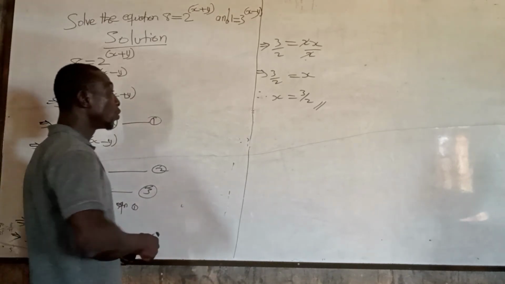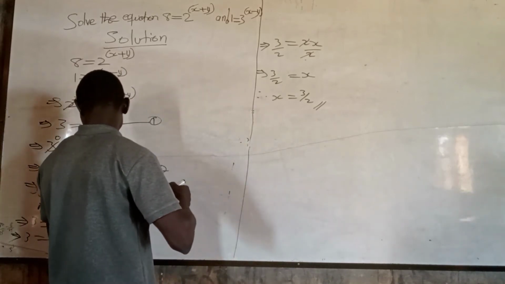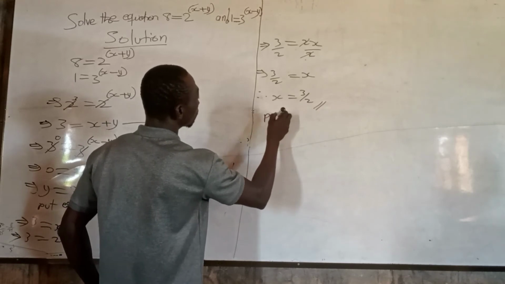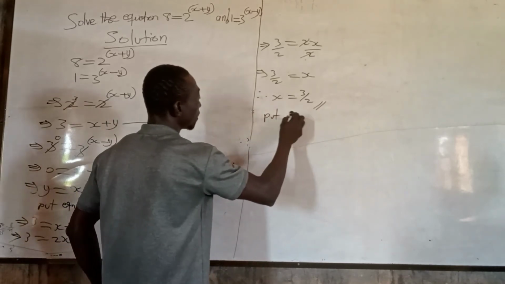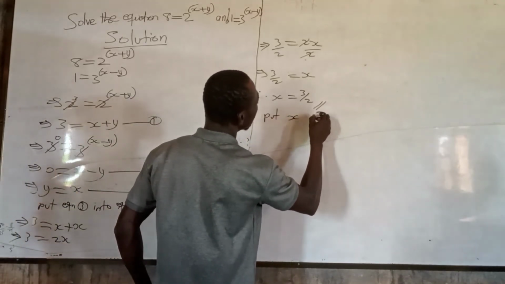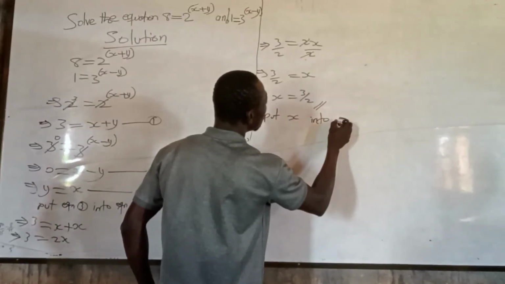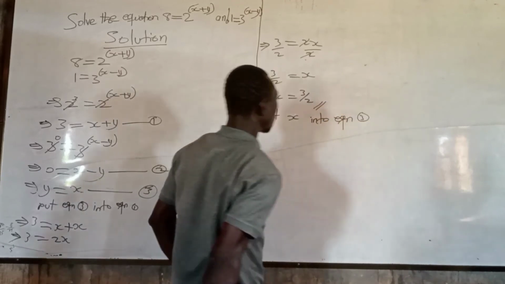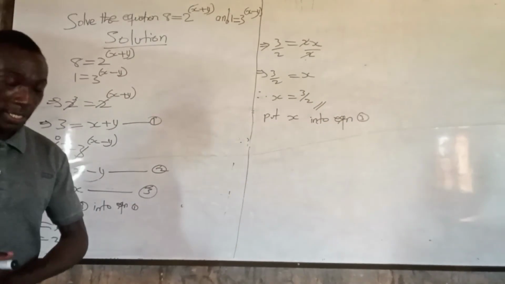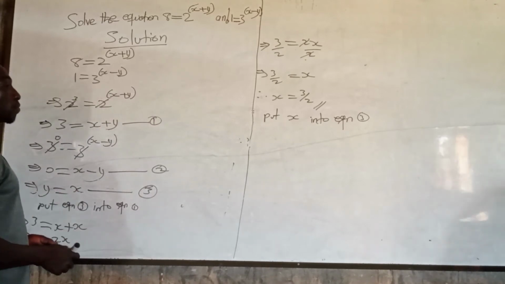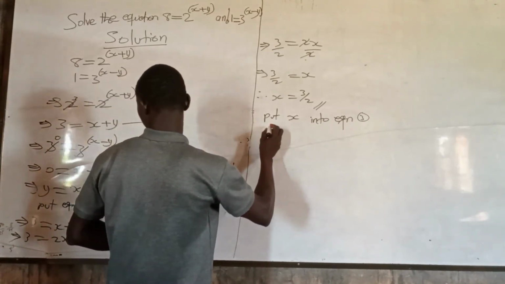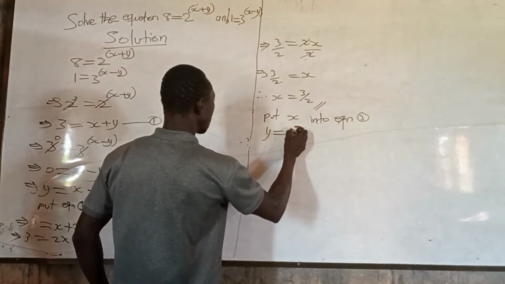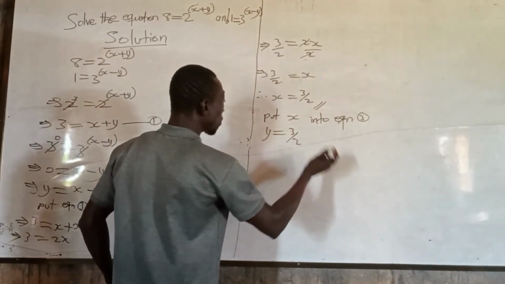So therefore, we put x into equation 3, and that will be y equals 3 over 2.